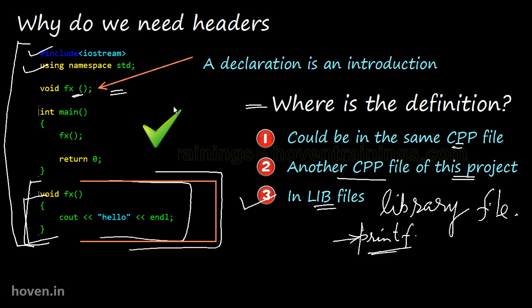This program compiles correctly and runs correctly because the declaration is there, its definition is there, and the main function, the call, is there. The compilation will fail if this declaration is removed.